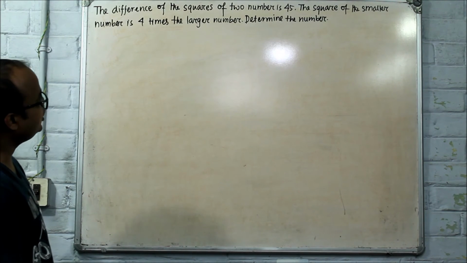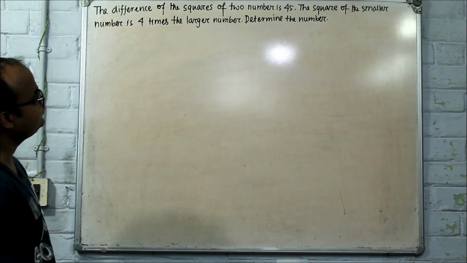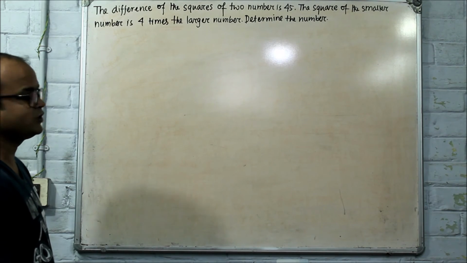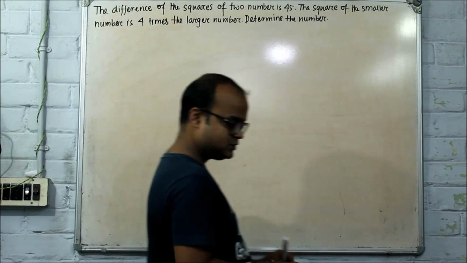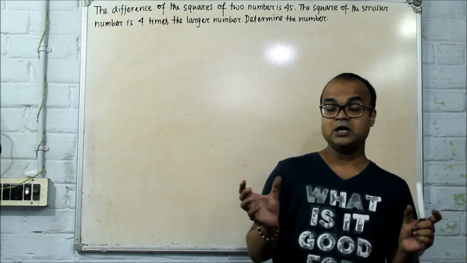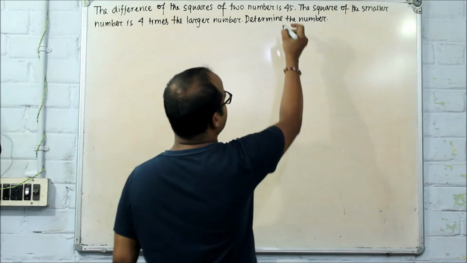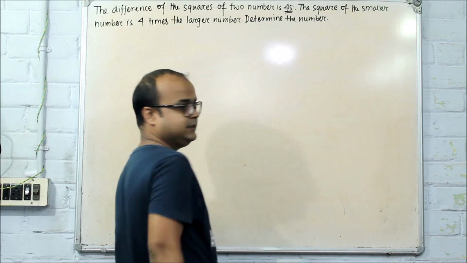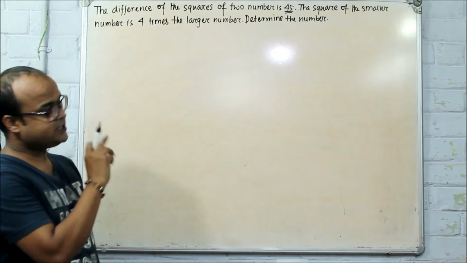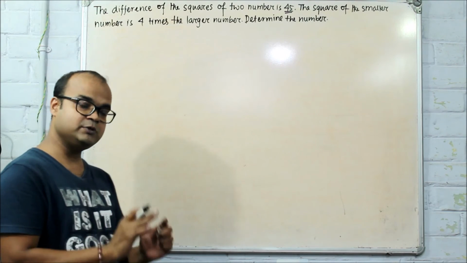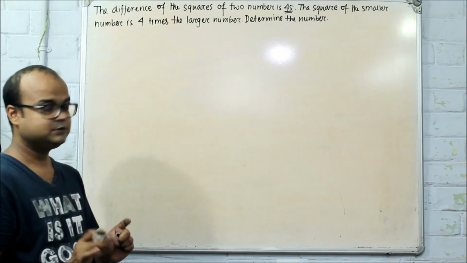Moving into the next problem. The difference of the squares of two numbers is 45. That means two numbers are given whose difference of squares is 45. Now the difference is positive, that means one number is bigger, one number is smaller.